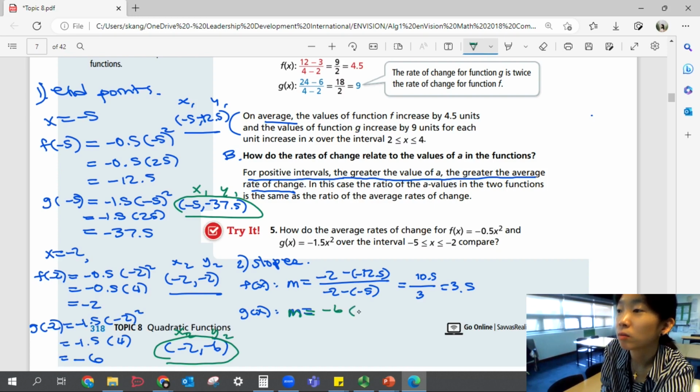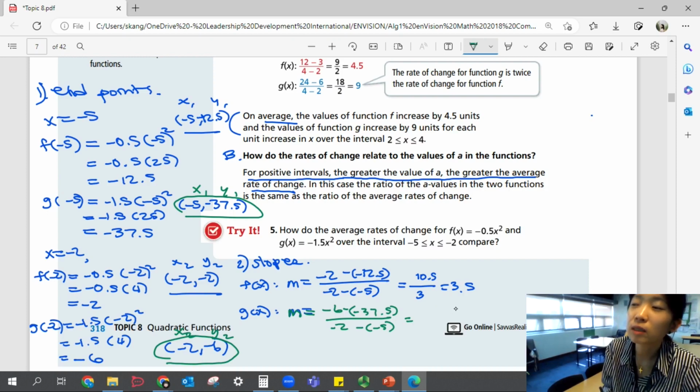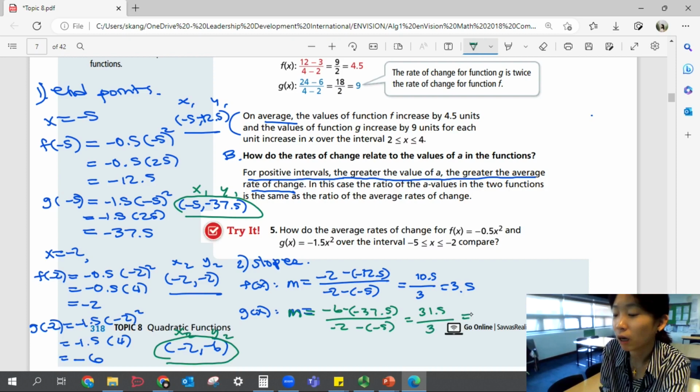Negative 6 minus negative 37.5 over negative 2 minus negative 5. And that's equal to 37.5 minus 6, which is 31.5 over 5 minus 2, which is 3. And so that would be 10.5.